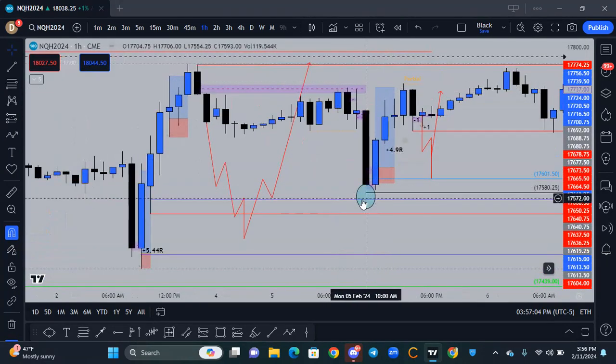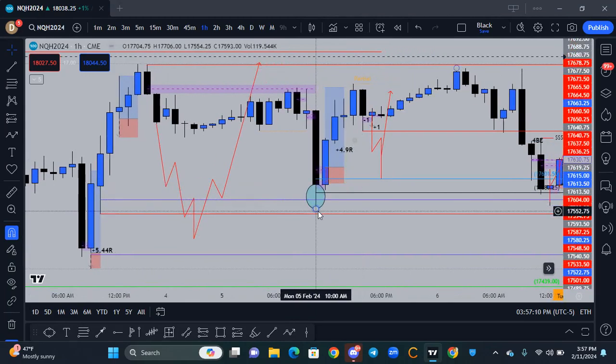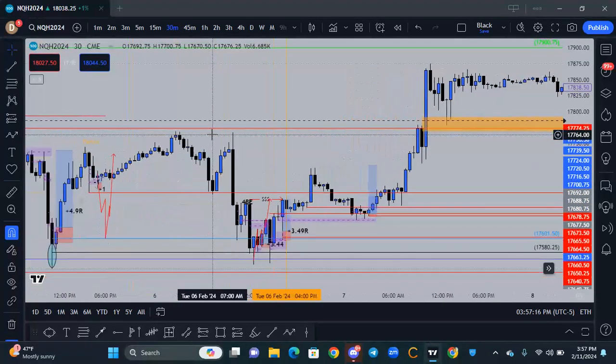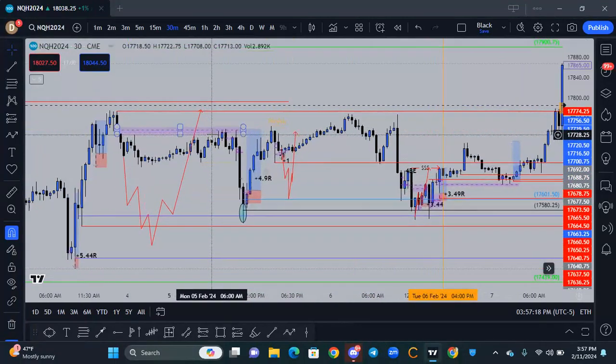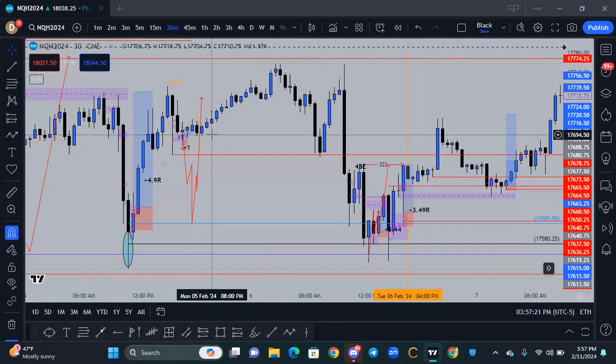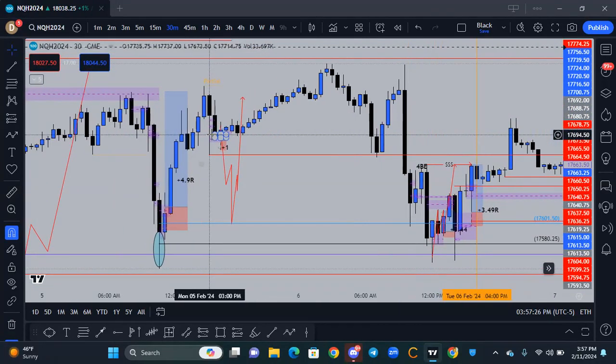Price traded lower to the 1 hour CE of that wick. And then, boom, you could execute it. Did execute. But look what I capitalized on. Just a quick little small 1 to 4. I mean, 1 to 49.